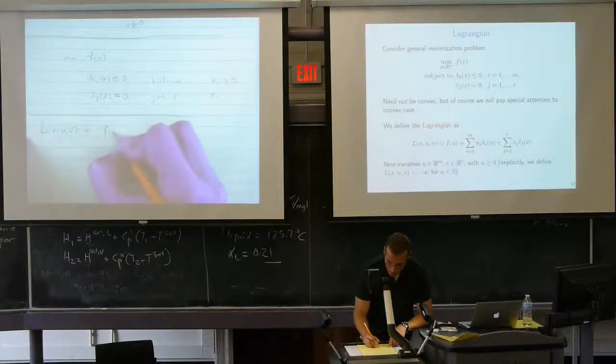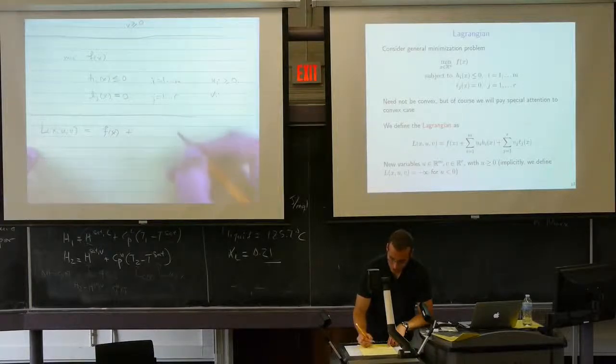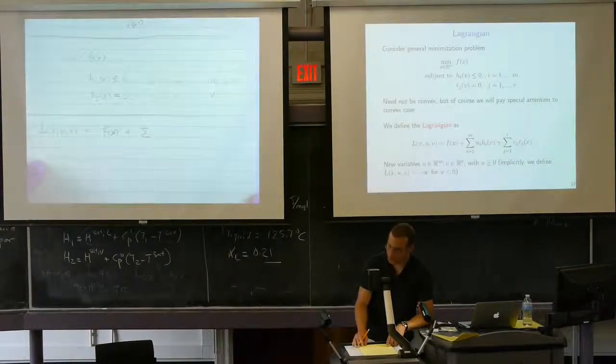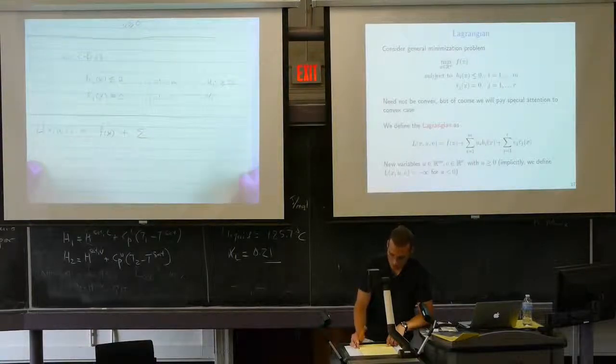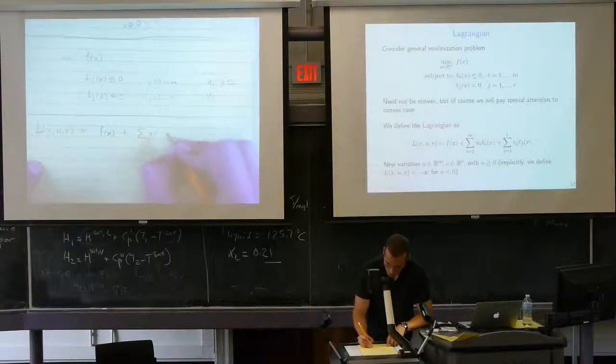And all I do is I take my criterion and I add to it two terms that have to do with the two constraints that I have on the optimization problem. The first is u_i times h_i of x, and the second is v_j times l_j of x.